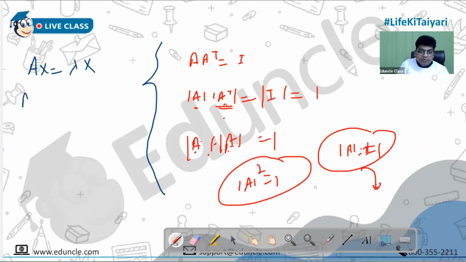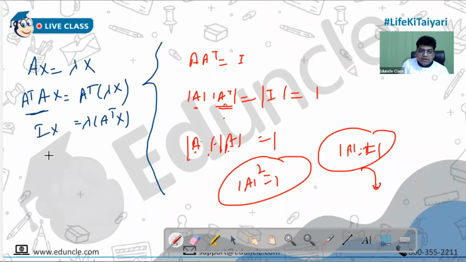Okay, and if you multiply A transpose, लambda, कुछ ऐसा कर सकते हैं क्या हम? A transpose of lambda x and lambda of A transpose x, and that is A transpose A equal to I x equal to x lambda. अच्छा, A transpose x, A and A transpose has same eigenvalues? Yes or no? Do you know these things?